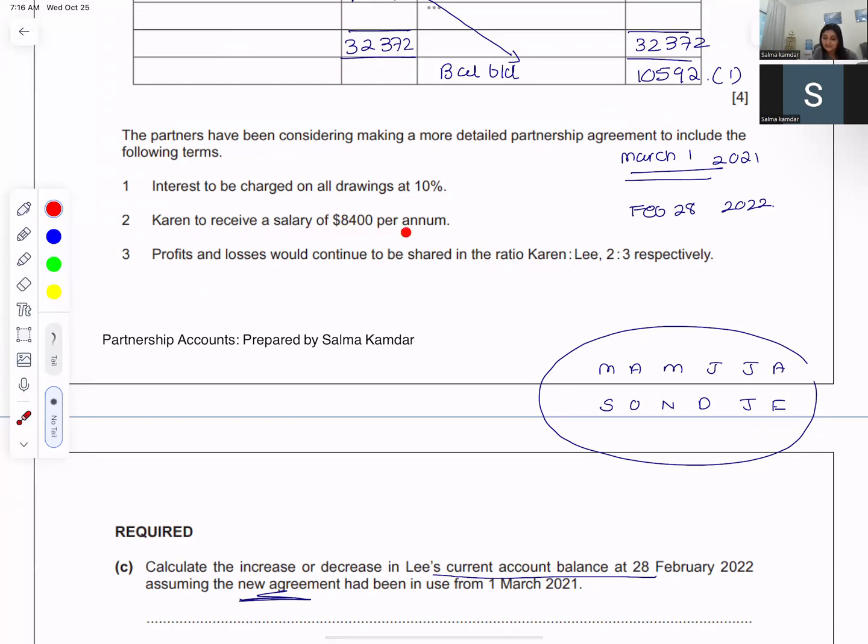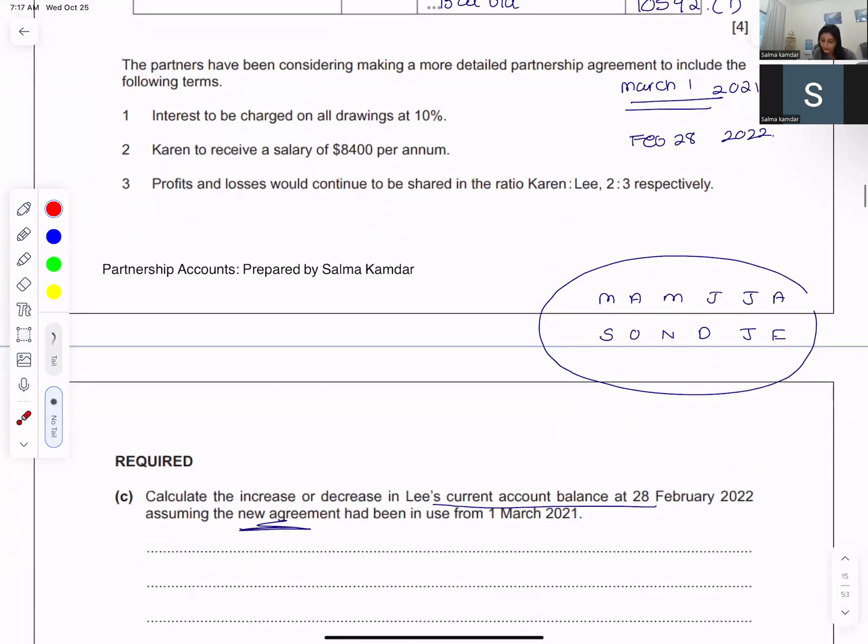Karen is to be given a salary of 8,400 per annum. Profits and losses would be shared in the ratio 2:3. Now they want you to calculate the increase or decrease in Lee's current account balance on 28th February.